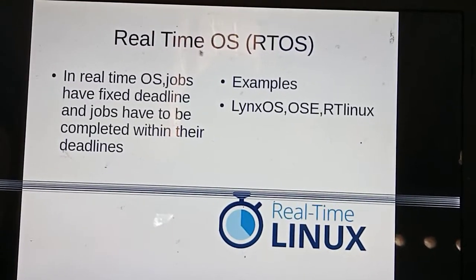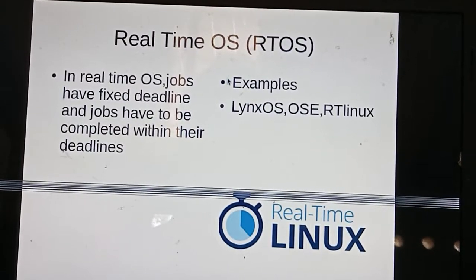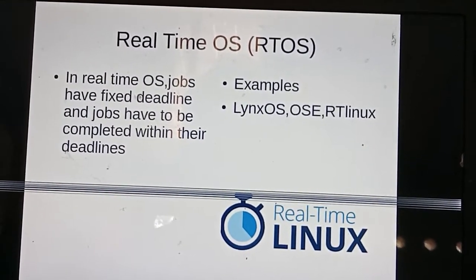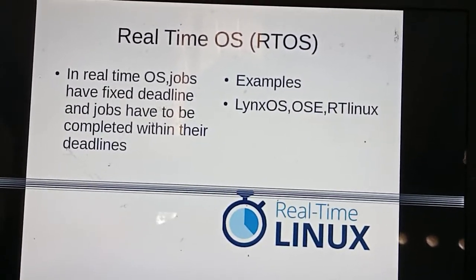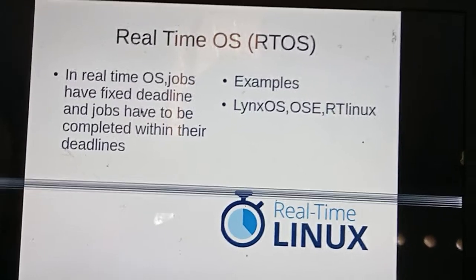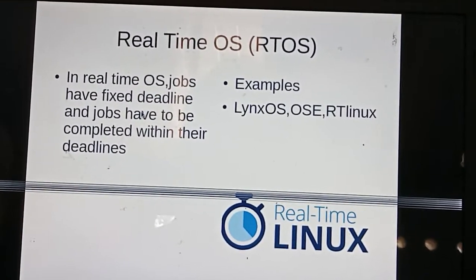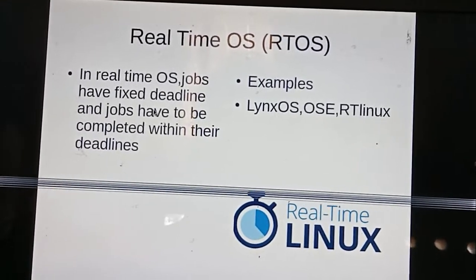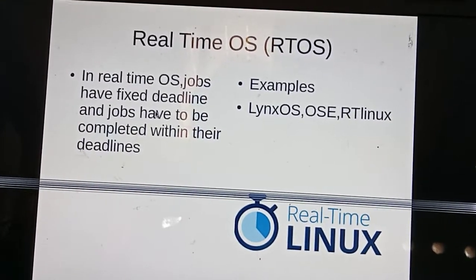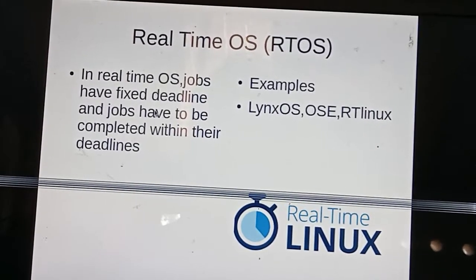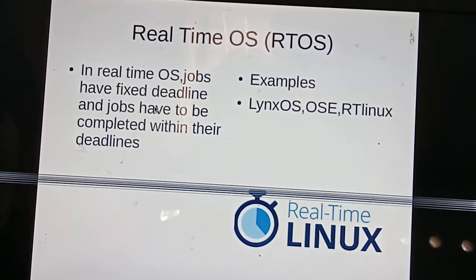Then the real-time operating system, RTOS. In a real-time operating system, the job has a fixed deadline and the job has to be completed within the certain deadline. That is, each and every program has a deadline. Within the deadline, whether the program is over or not, the operating system will not give any other chance.